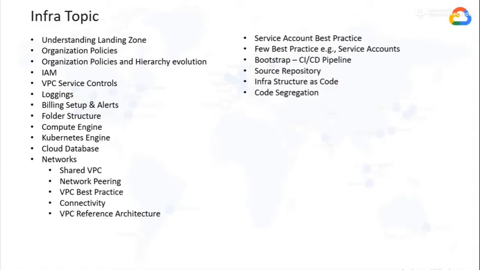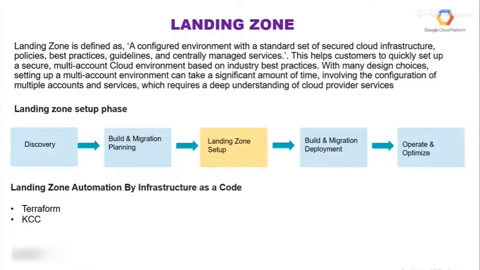So let's start. Before proceeding to the topics, I just want to tell you exactly about the landing zone. Normally what happens when any project comes, right? First, people will go for the discovery and the planning. But before build and migration, we have to set up a few components, like in the past scenario, how we used to build the data center or the basic things of your whole infrastructure.